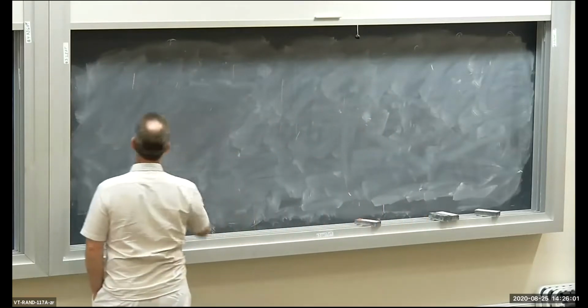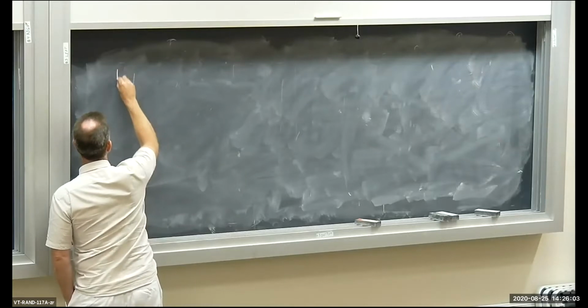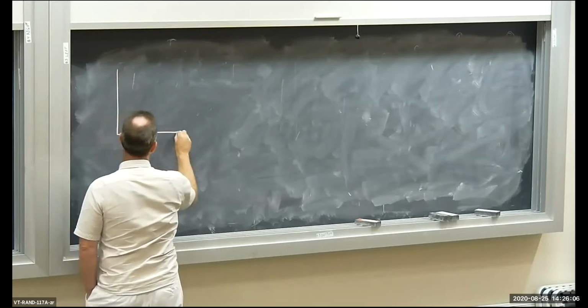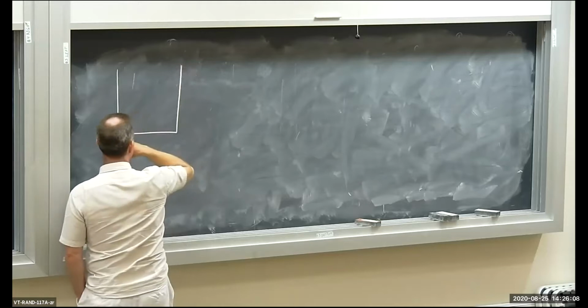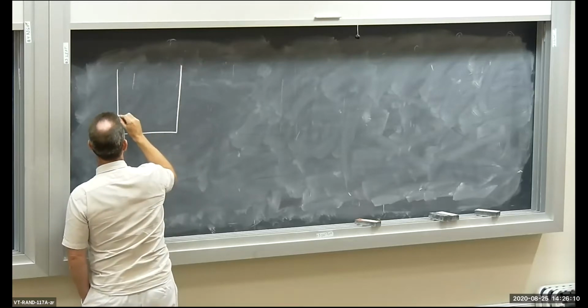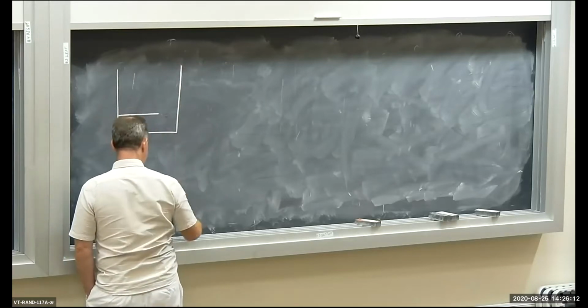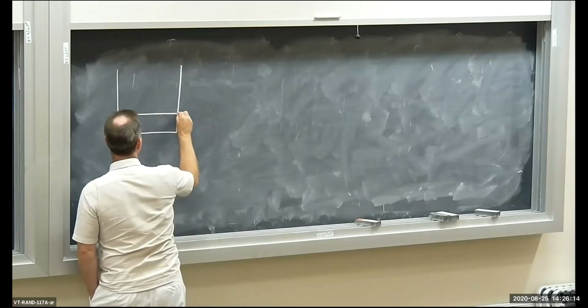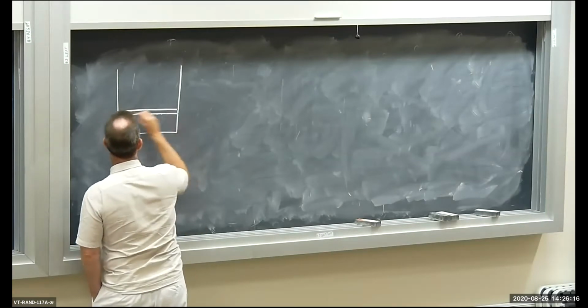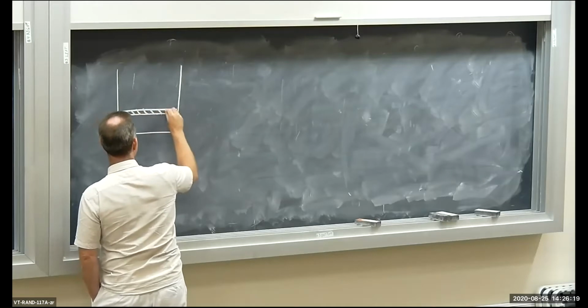So let's say we have a piston cylinder device. Here it is right here. And here's the piston. I'm not going to draw it circular. I'm just going to put the piston in here. There's the edge of the piston.